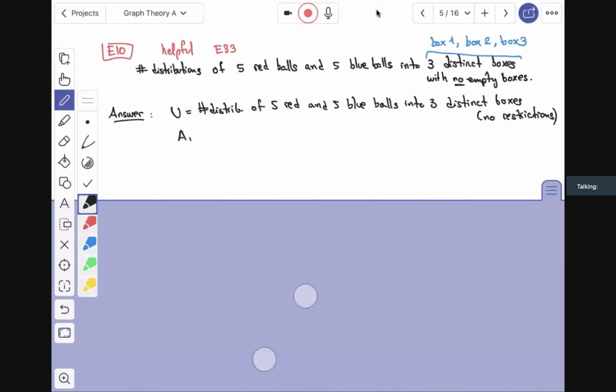A1 is the elements of U, so the distributions, in which box 1 is empty. Same thing for A2 and A3, but now with box 2 and box 3.